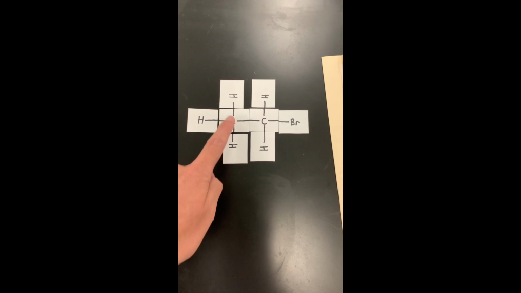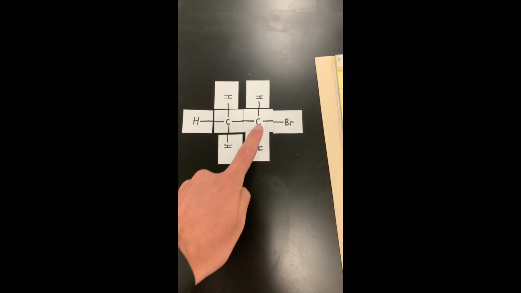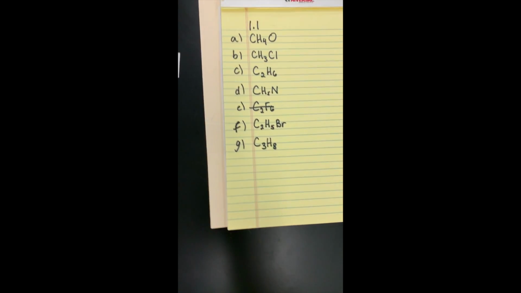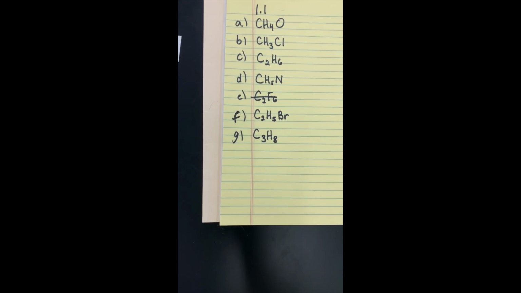And that's a solution there. So we've got carbon with 4 total bonds to it, this carbon with 4 total bonds to it, and we've got our bromine with 1 bond. Okay. Let's do C3H8.